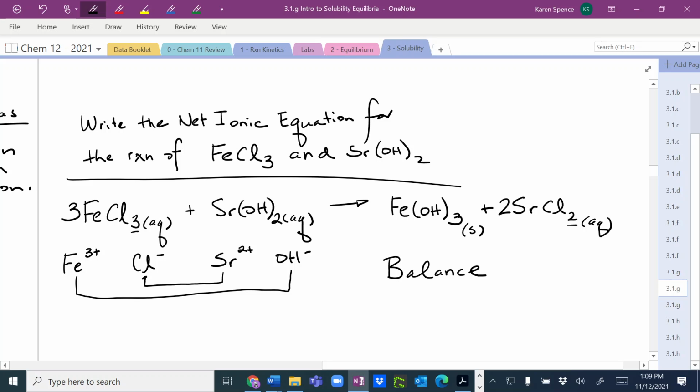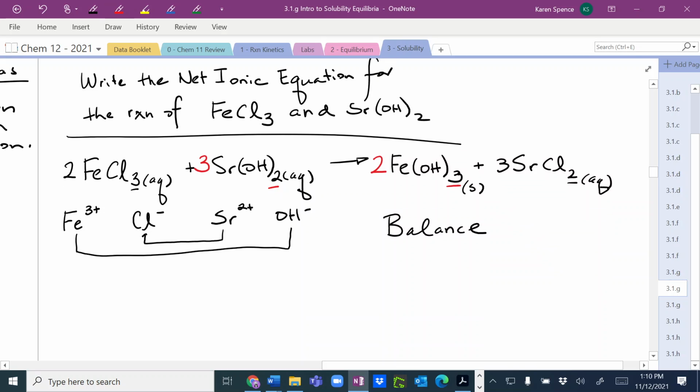Did I do that the wrong way? I did that the wrong way around. I have 9 and 4. That's not going to work. So we'll put a 2 in front of this to give us 6, and a 3 here to give us 6. Thank you. I noticed those looks, all that consternation. What are you doing, Ms. Spence? You crazy lady. And again, with the hydroxide, we have a 2 and a 3. Let's see if I can do it right this time. We need a 3 there and a 2 there.